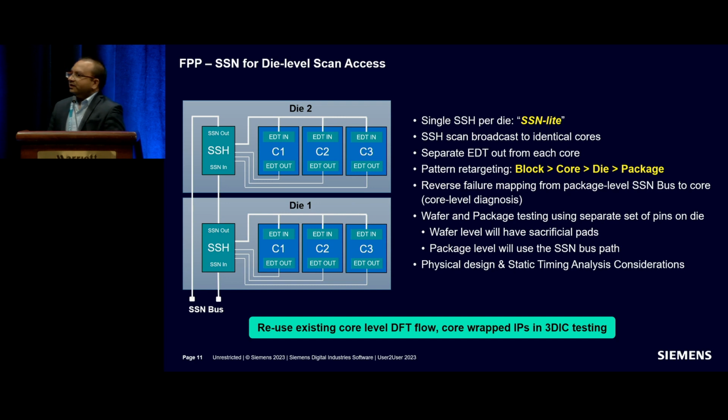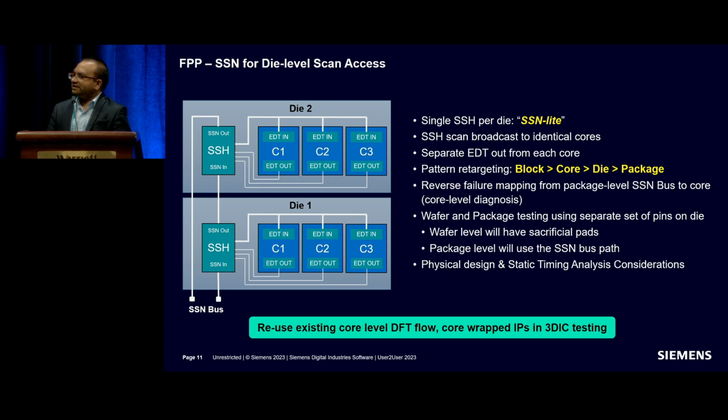The next part, which is a big one, is called FPP, and that is implemented using SSN. So in the case of 3D, the way we have used SSN for the 3D design is probably not the intended usage that Mentor Siemens probably thought about, but they helped us design the solution for the 3D data transfer for the scan.